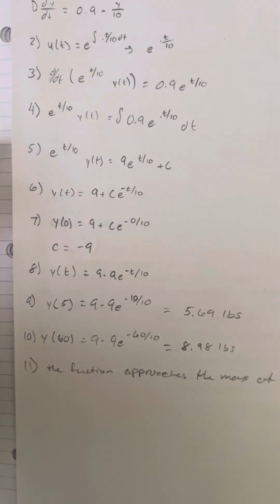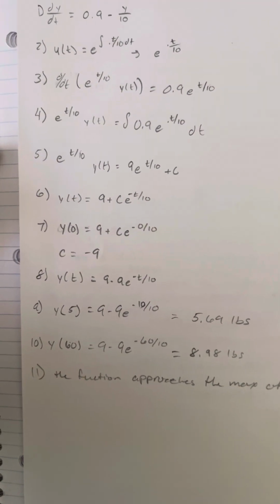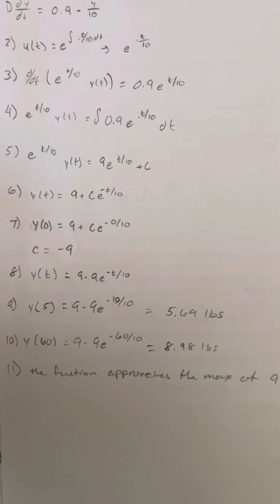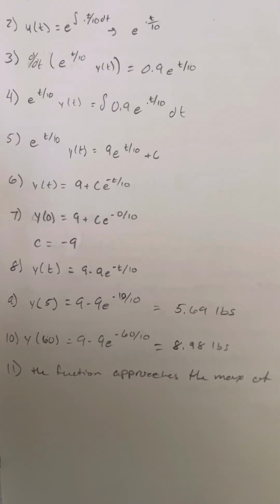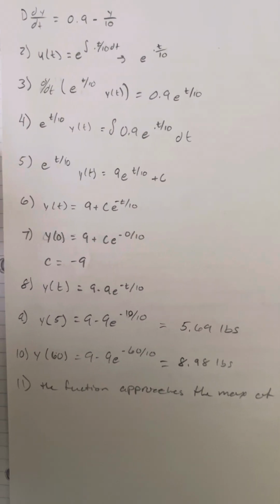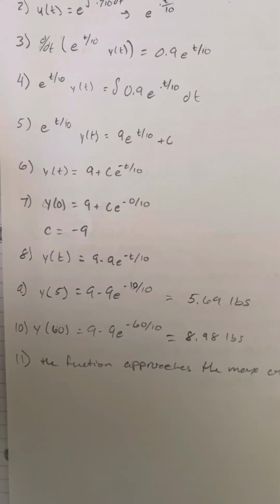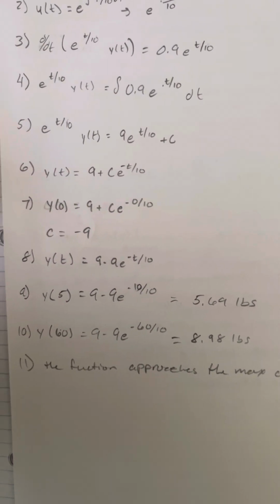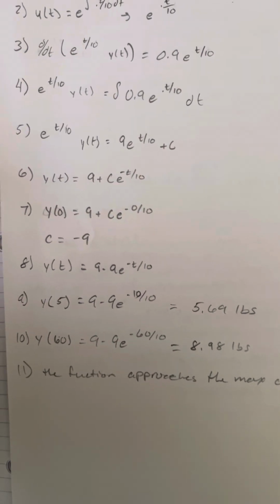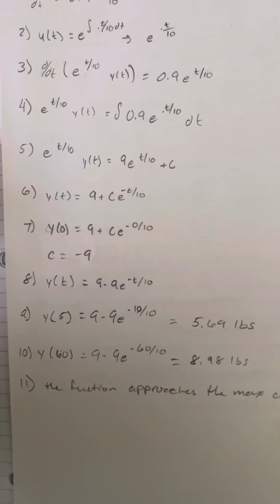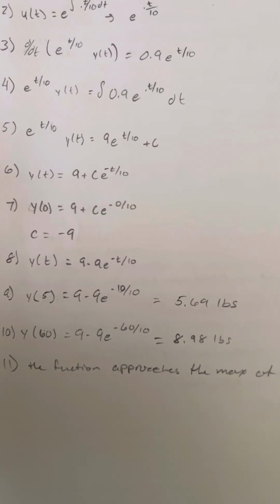Then we set the initial condition to t being 0. There's nothing in there, so we solve for c, and we end up getting a y of t equals 9 minus 9e raised to the negative t over 10.